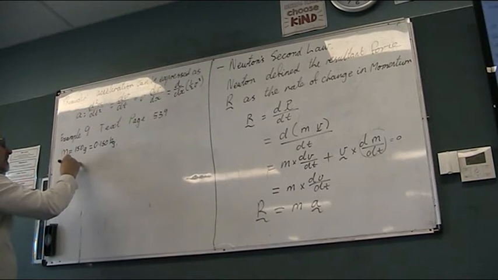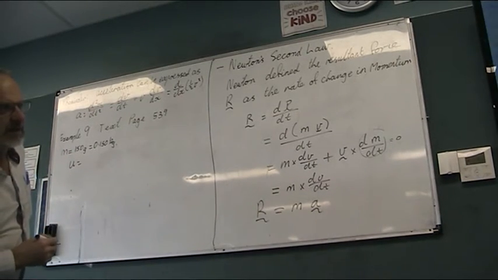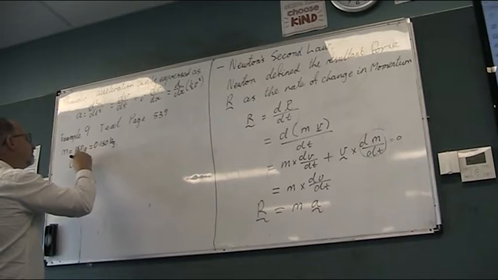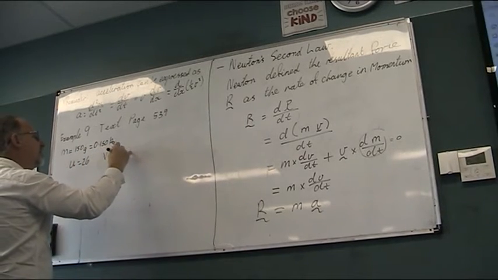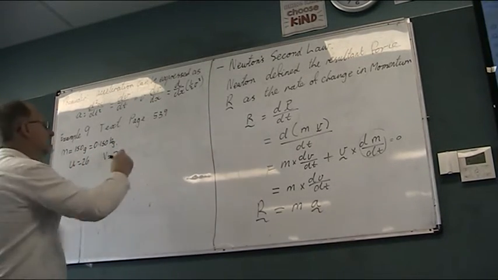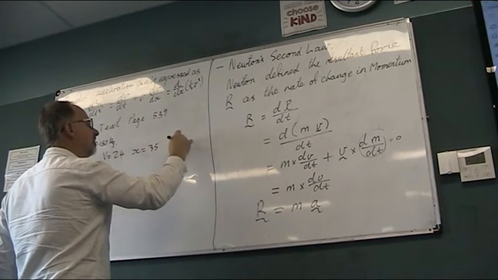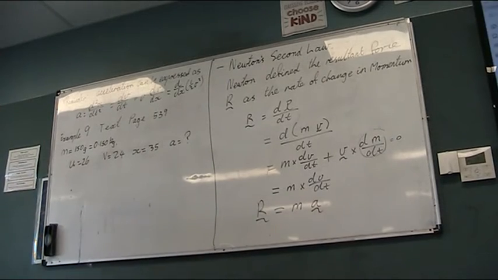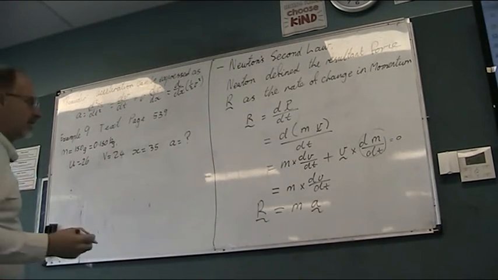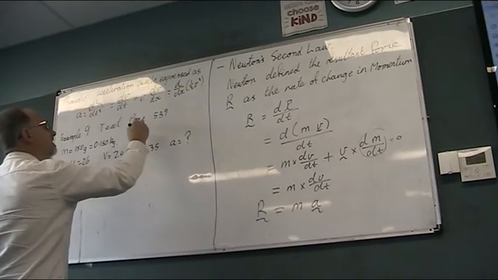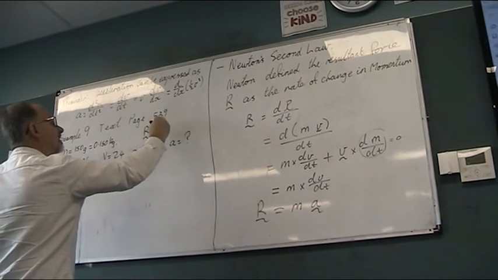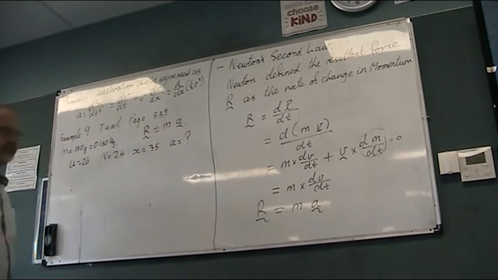Initial speed is 26, final speed is 24, the distance is 35 metres, and acceleration is what we need, because Newton's second law says the resultant force is the mass times the acceleration. So we need to know the acceleration so we can find the force.